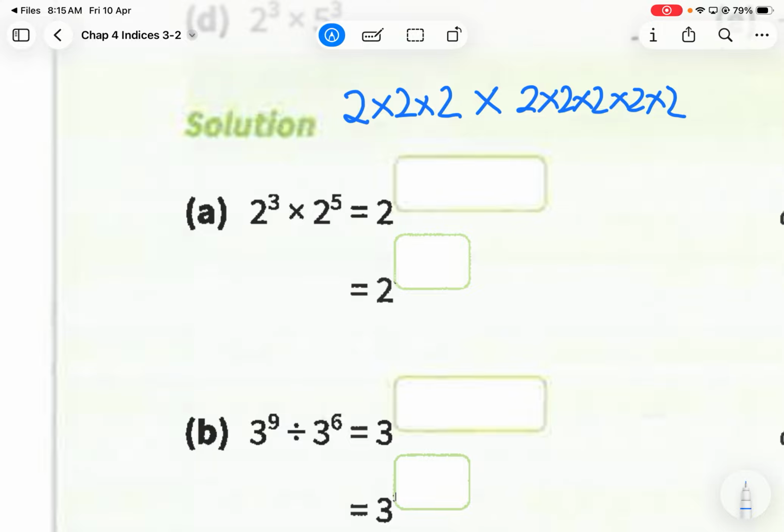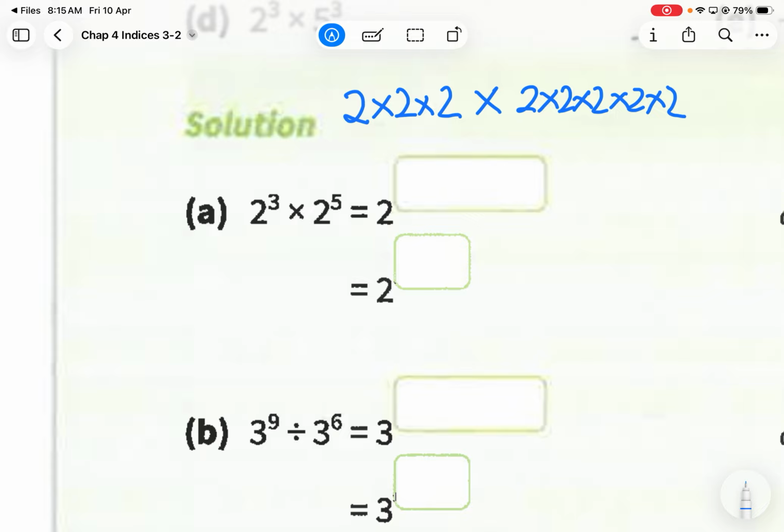So when we are multiplying, can you see I will just have 3 of 2, another 5 of 2, all multiplied together. So if I count the number of 2, I will have 3 plus 5.